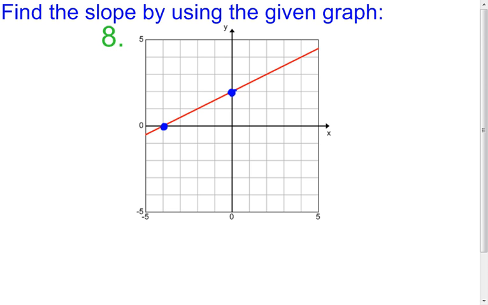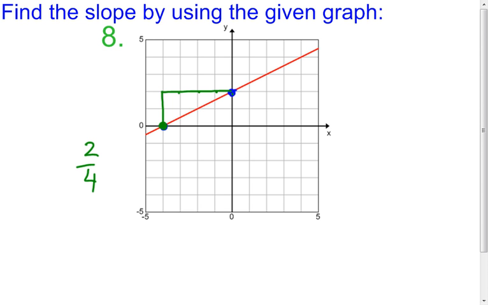Okay? So to get from one point to the other, let's say I start right here. Again, I always want you to give me the up-down change on top. Okay? So to get from this point to the next one, I would have to go up 2, since I went up, that's positive, and to the right, 1, 2, 3, 4. And because I moved to the right, that's positive.